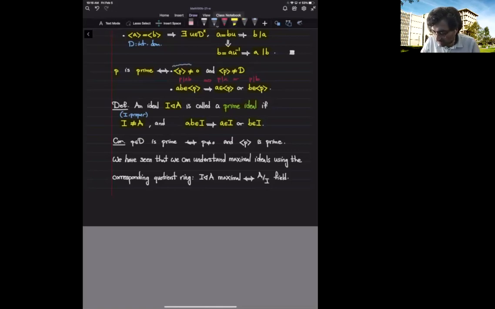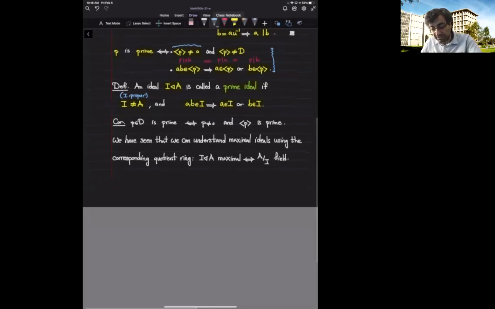This condition is not relevant for prime ideals. It is actually important to allow the zero ideal to be a prime ideal as well. But besides that, we are essentially borrowing what we have seen over here and taking that as the definition of a prime ideal. So an ideal is prime if, first of all, it is proper, and second, if A times B belongs to this ideal, then either A belongs to that ideal or B belongs to that ideal. That's the definition of being a prime ideal.